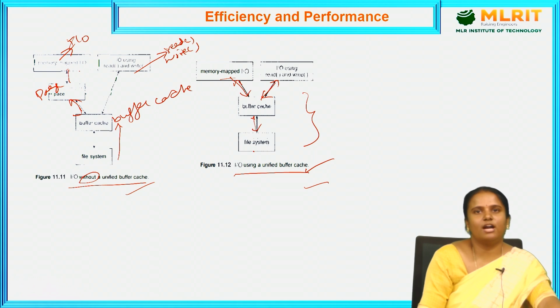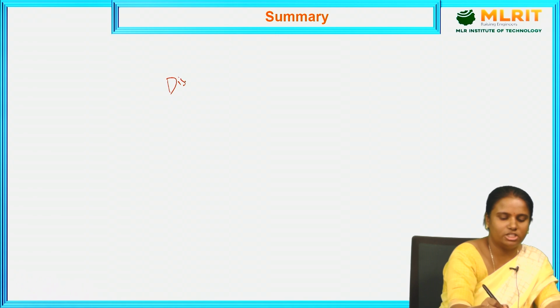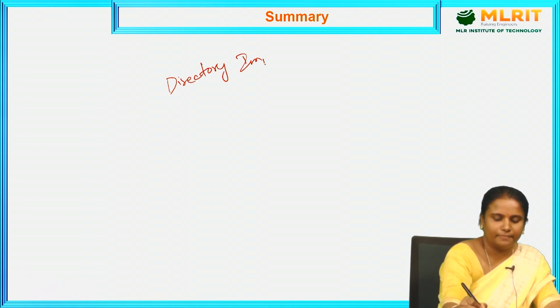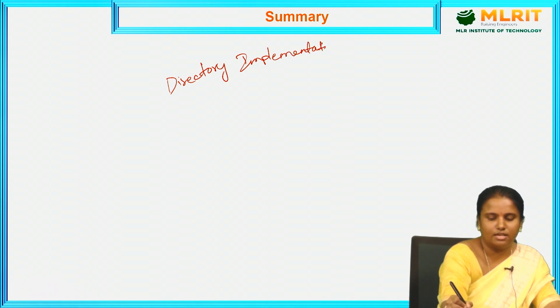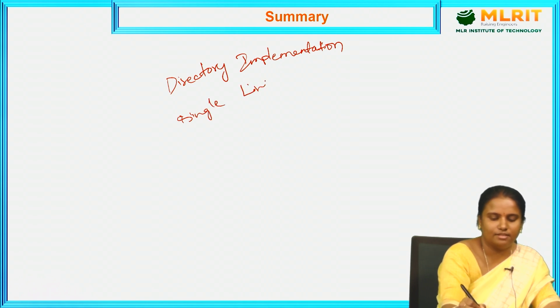So this is about the performance of the file system. In this we have seen directory implementation, using a singly linked list and hash table.